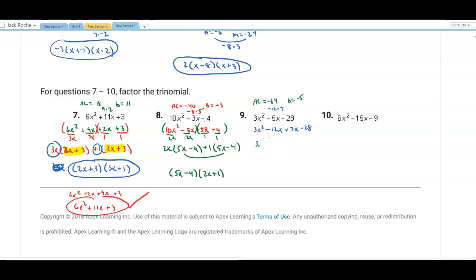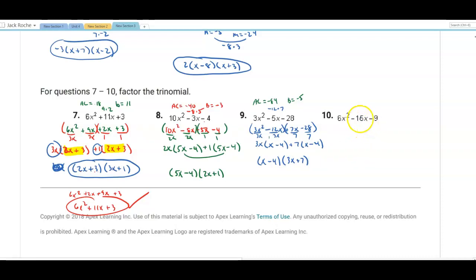If I group my first two and my last two, I'm going to get 3x times, divide by 3x, it's going to leave you with x here, minus 4. Then this common factor is 7, so plus 7 times x minus 4. Common binomial factor of x minus 4 times 3x plus 7.